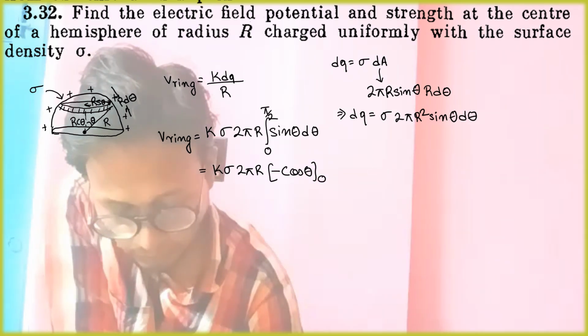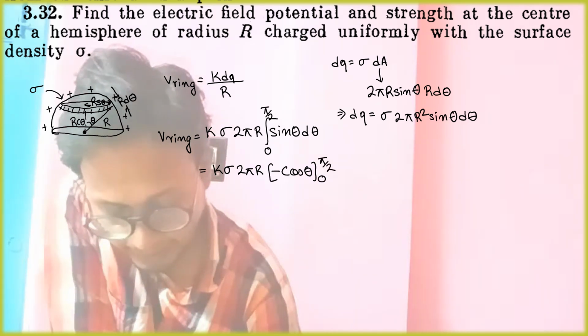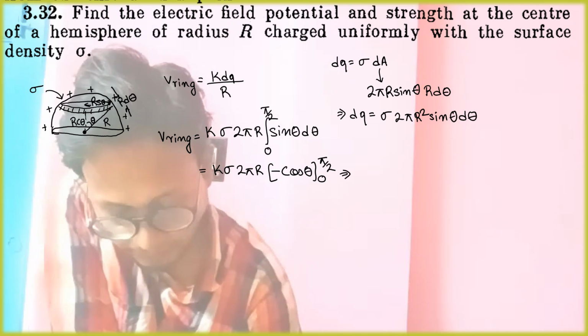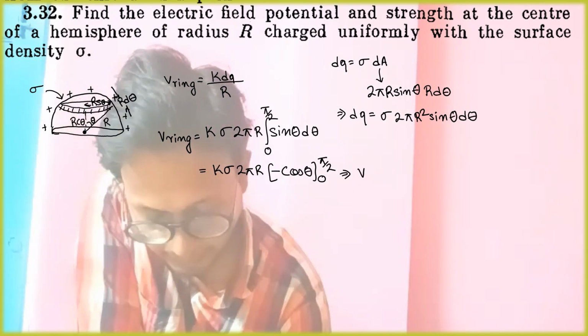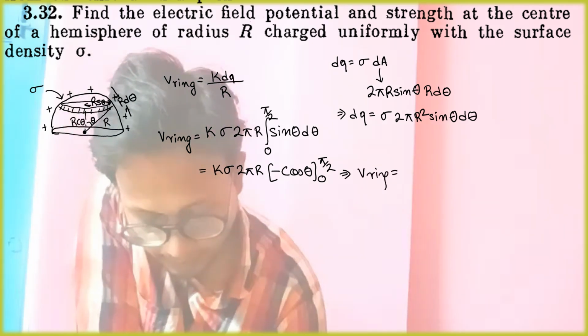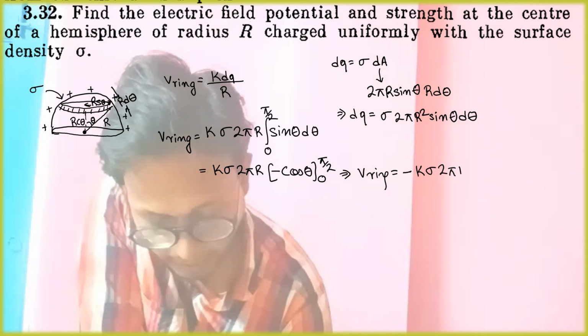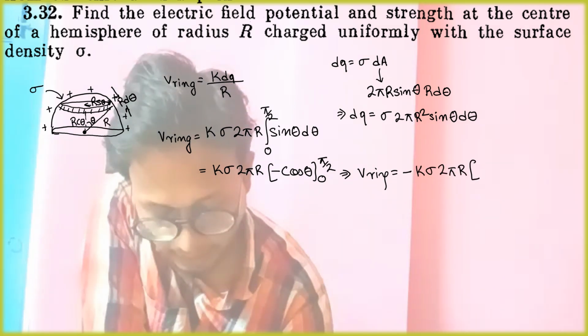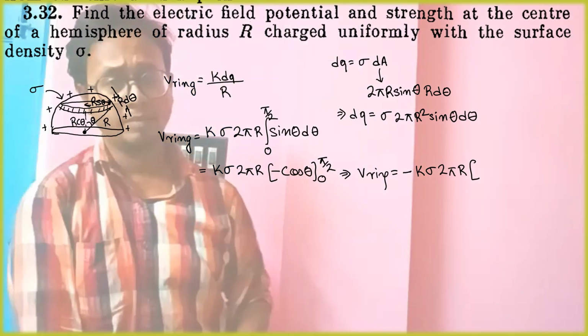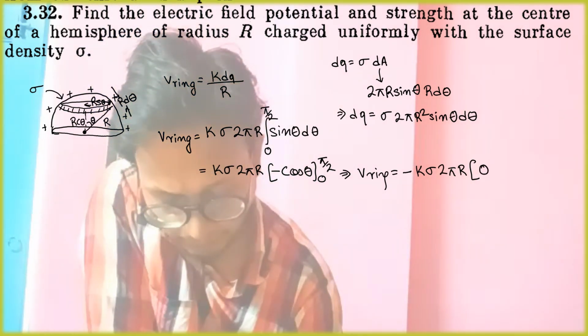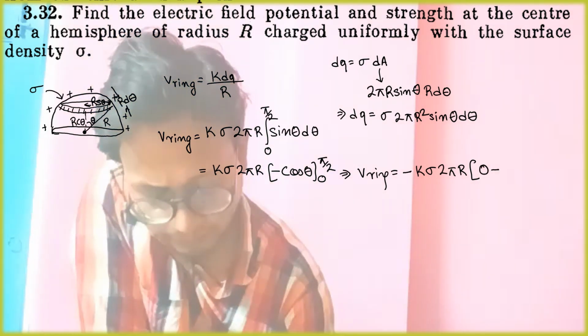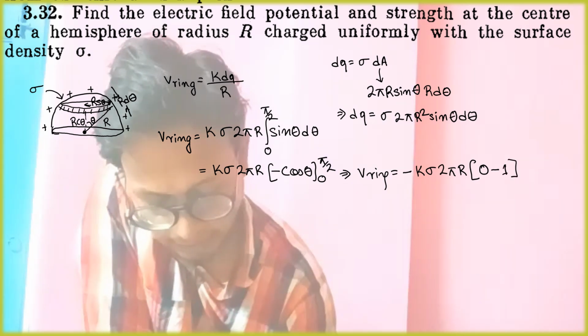From 0 to pi by 2. I can take this minus outside, so potential due to ring is minus k sigma 2 pi R into cos theta. What is cos pi by 2? Cos pi by 2 is 0. Minus of what is cos 0? 1. So it is minus 1.